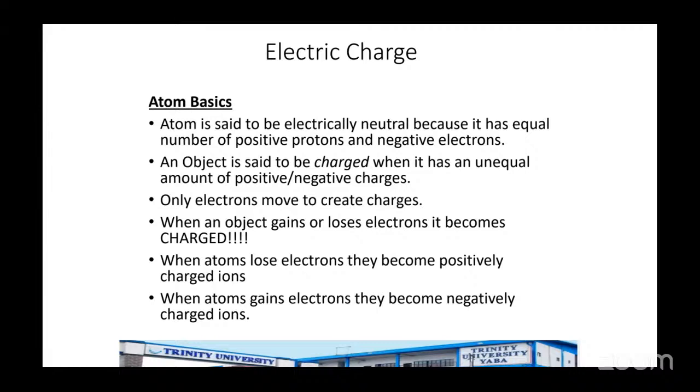If it gains electrons, it means that the object has more electrons, so the object becomes negatively charged. If it loses electrons, the positive charges in that object will become more than the negative charges, so that object becomes positively charged.